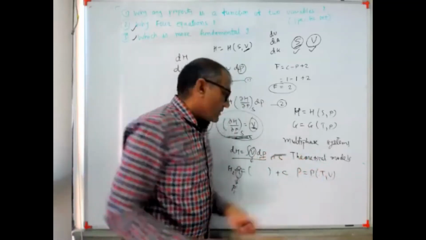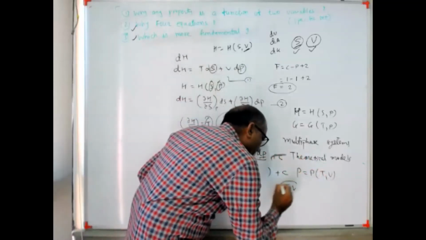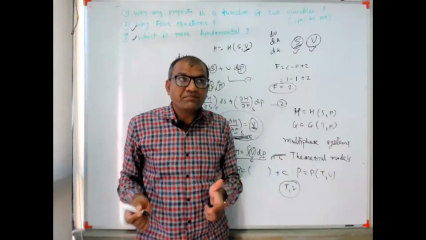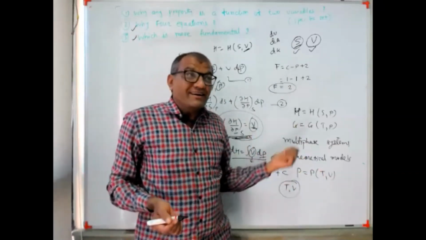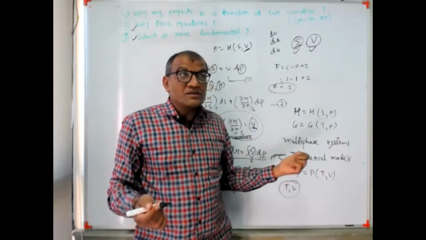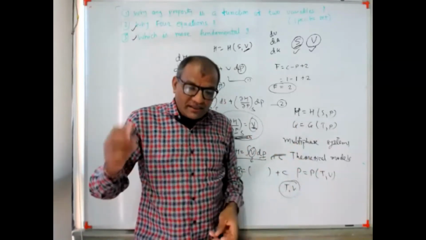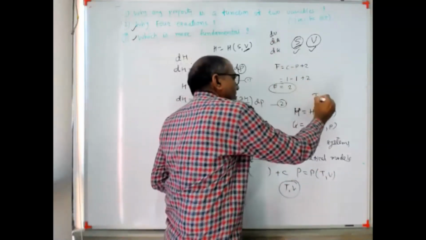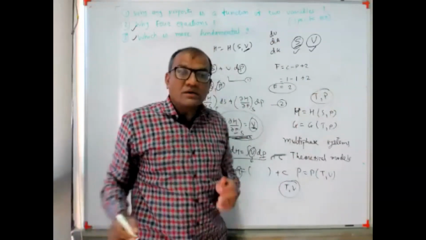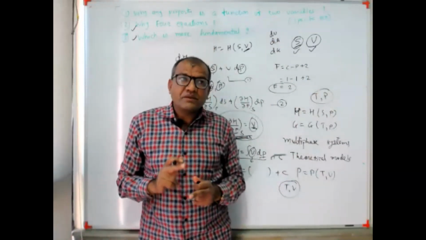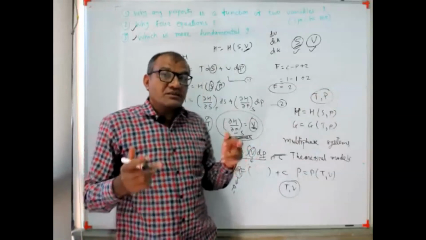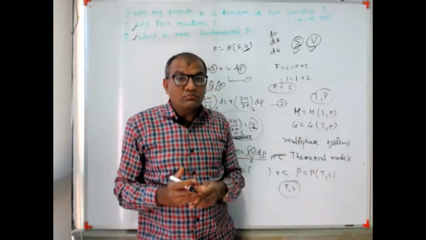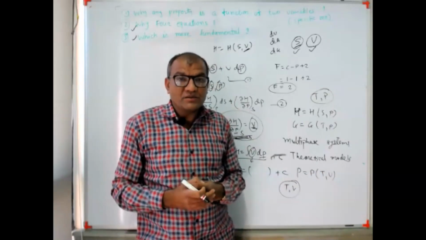In that case, temperature and volume are more convenient variables to study. In conclusion, I will say that in the case of experimental data, temperature and pressure are convenient variables. In the case of theoretical modeling, temperature and volume are convenient variables.